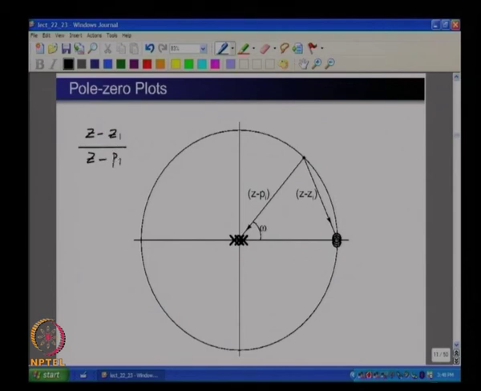How would you graphically determine the magnitude response of H evaluated at z?